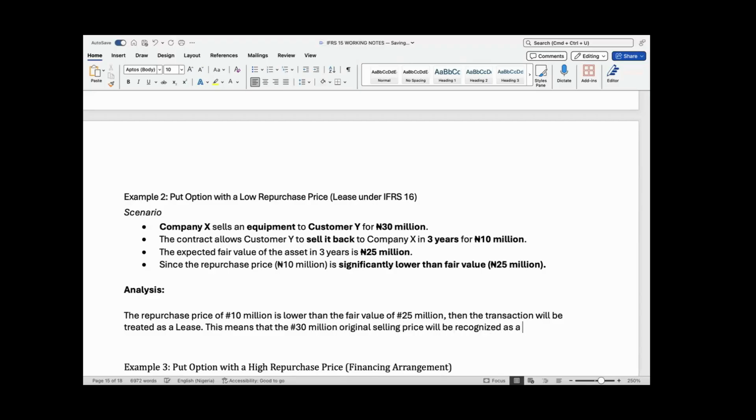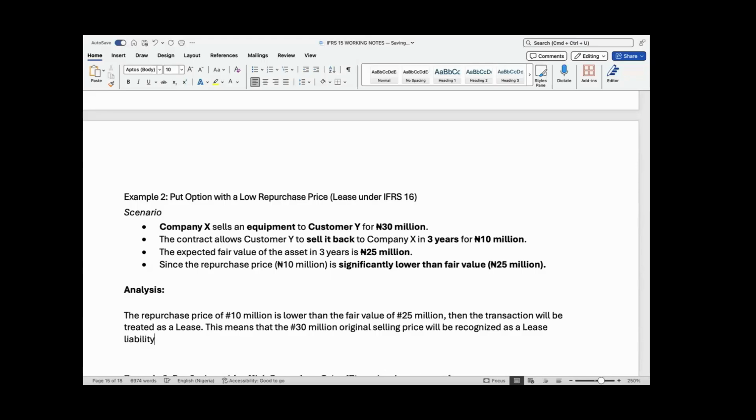recognized as a what? Who can tell me? Since it's a lease, Emmanuel, how do you recognize the 30 million? In this case, the customer has no control of the assets. There won't be recognition of revenue, basically. So the lease is a liability. That's correct.